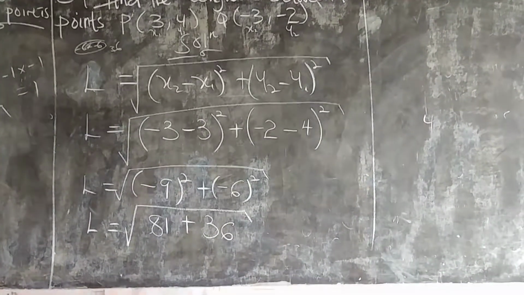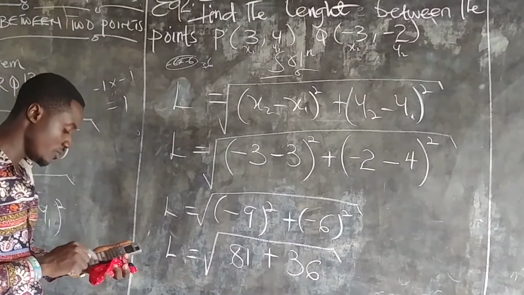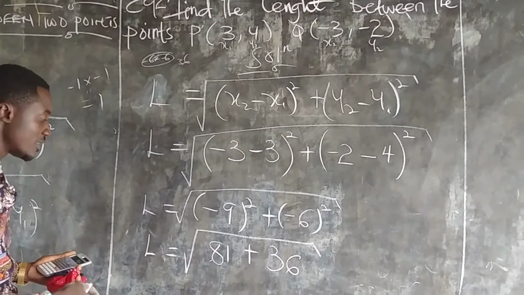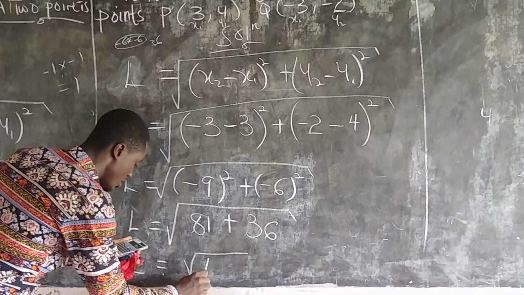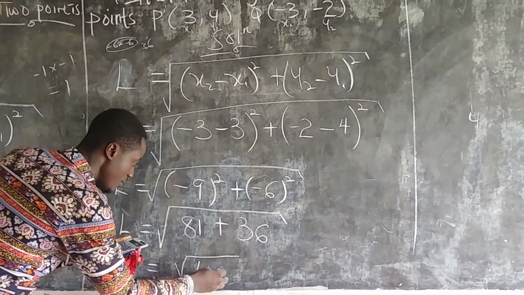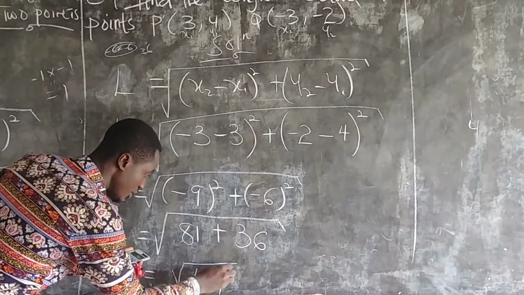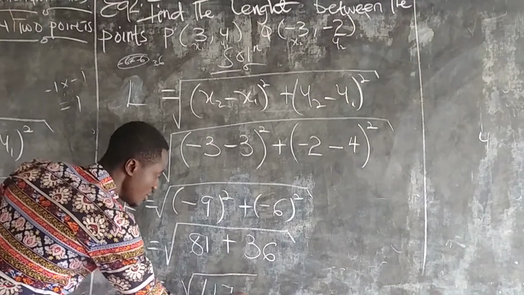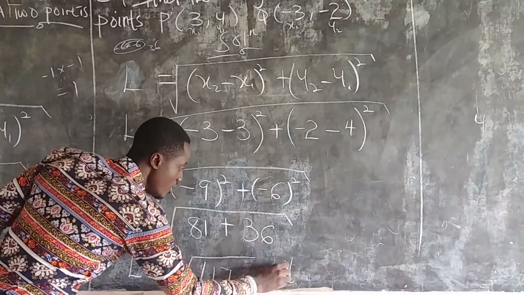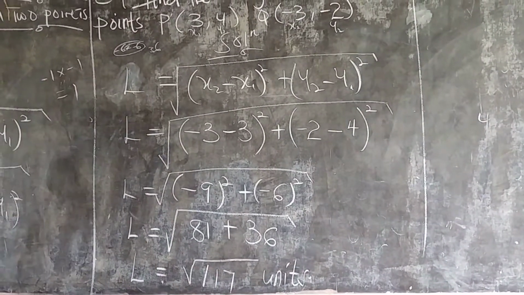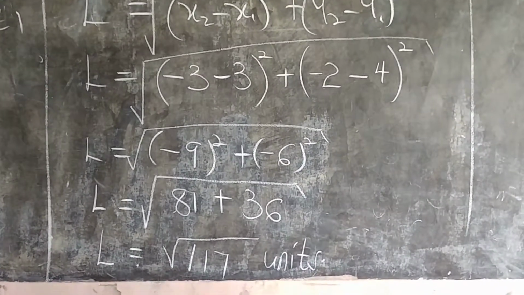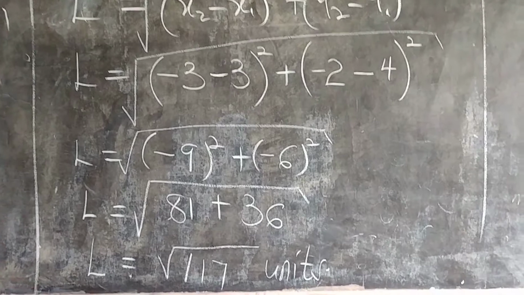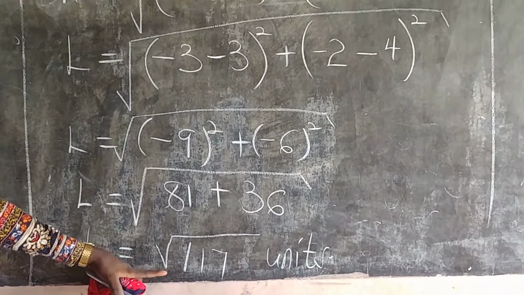Then you take your calculator, 81 plus 36 will give you 117. So L will equal the root of 117. So the length between the points P and Q is root of 117.